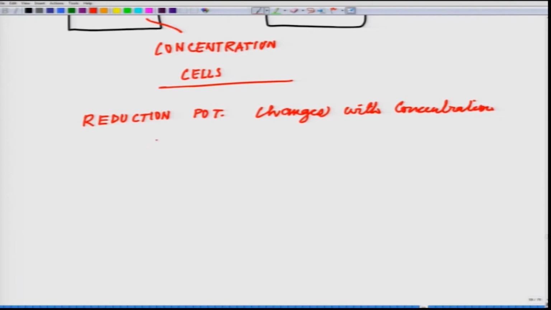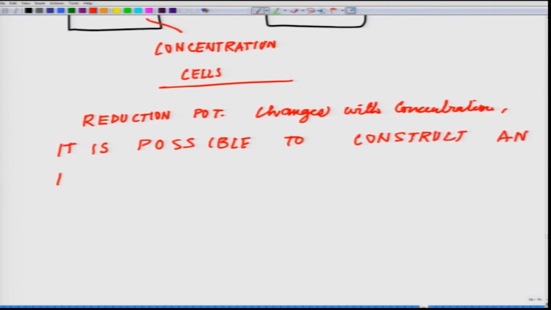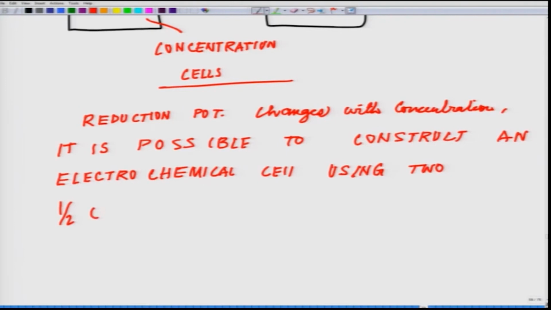Let me repeat: because the reduction potential changes with concentration, it is possible to construct an electrochemical cell using two half cells with the same chemical reaction.